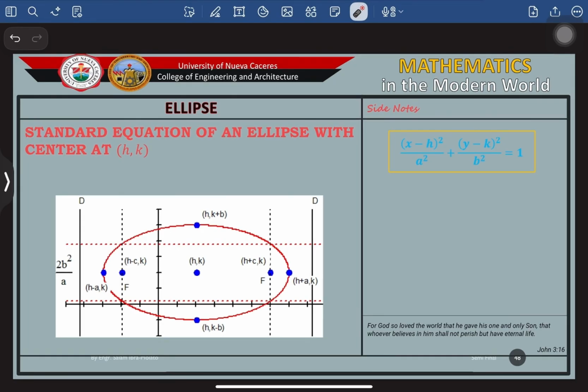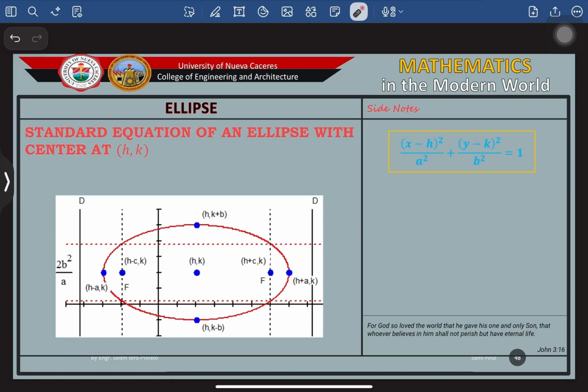Then for this, in analytic geometry, the ellipse is represented by the standard equation (x minus h) squared over a squared plus (y minus k) squared over b squared equals 1. This is only applicable if the major axis is parallel to the x-axis.